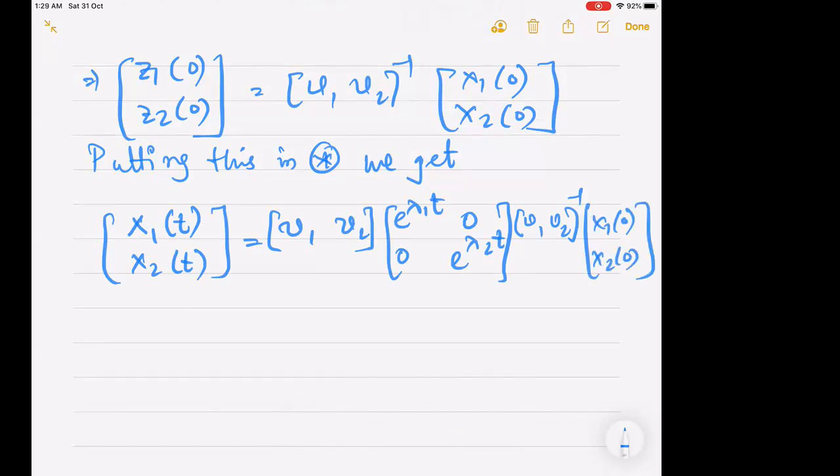That's it. That's the solution. That's the expression for the solution.